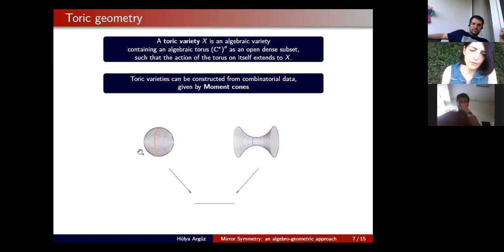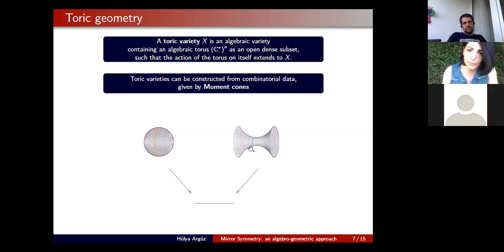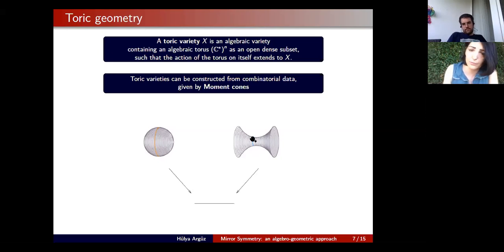So if you see here a circle of radius r, you can replace it with a circle of radius 1 over r. And in naive terms, you can imagine the mirror of P1, actually P1 minus the north and south pole, as this C star here of this shape. So if you have a toric variety, mirror symmetry would be easier to approach.